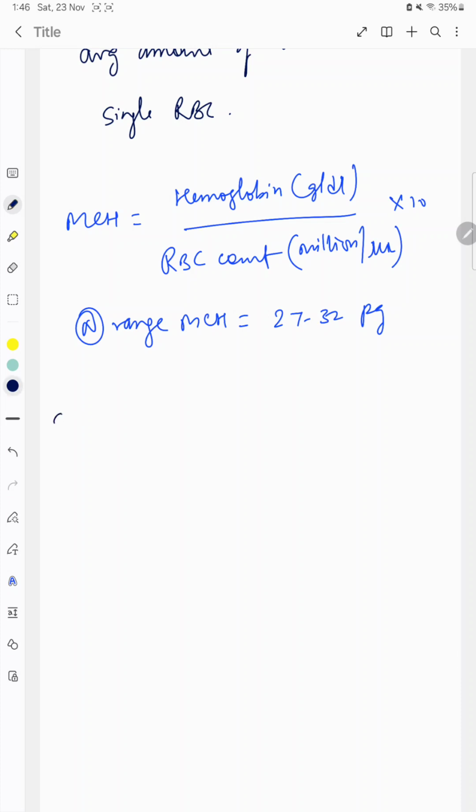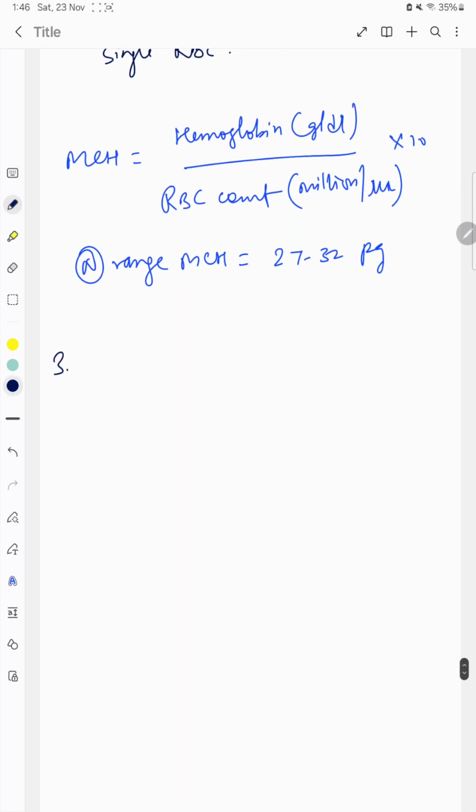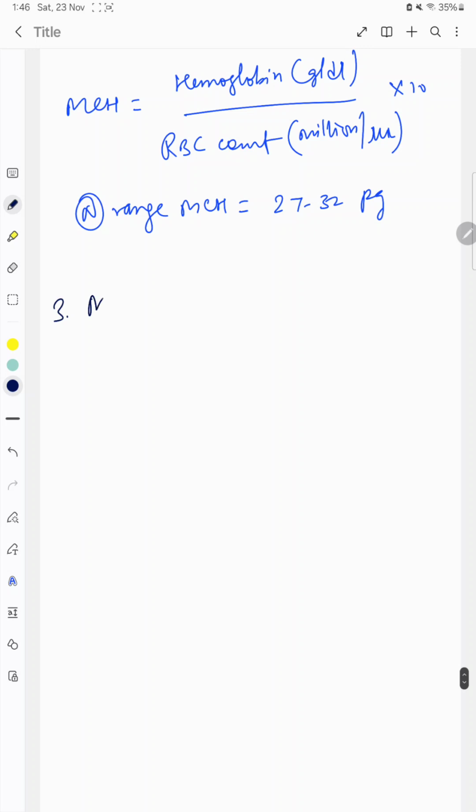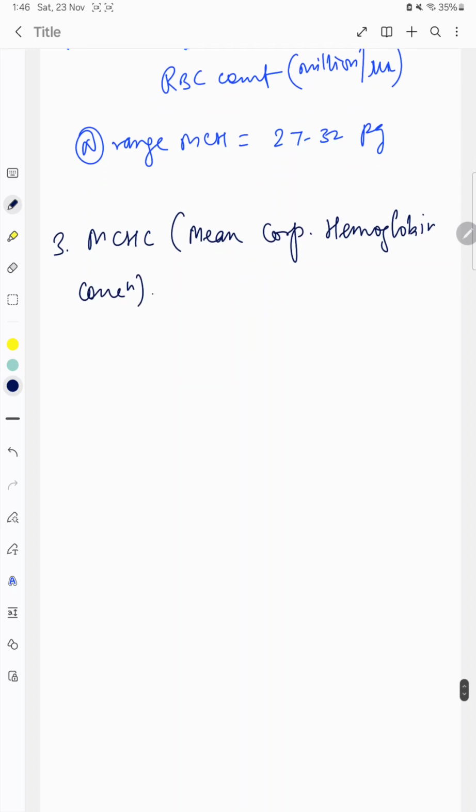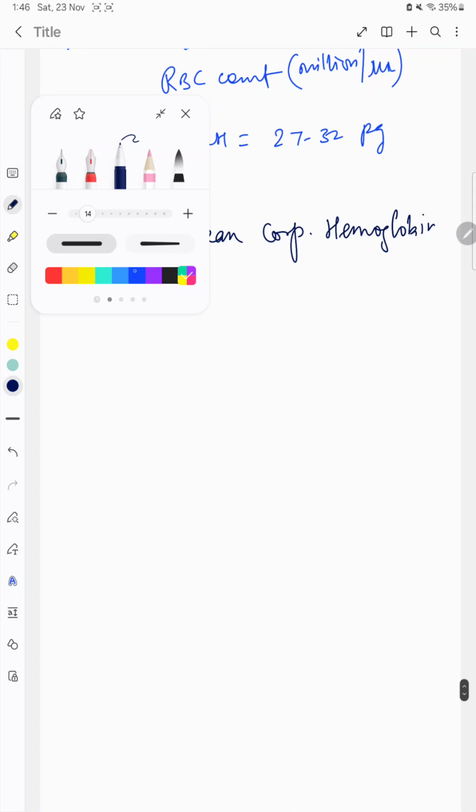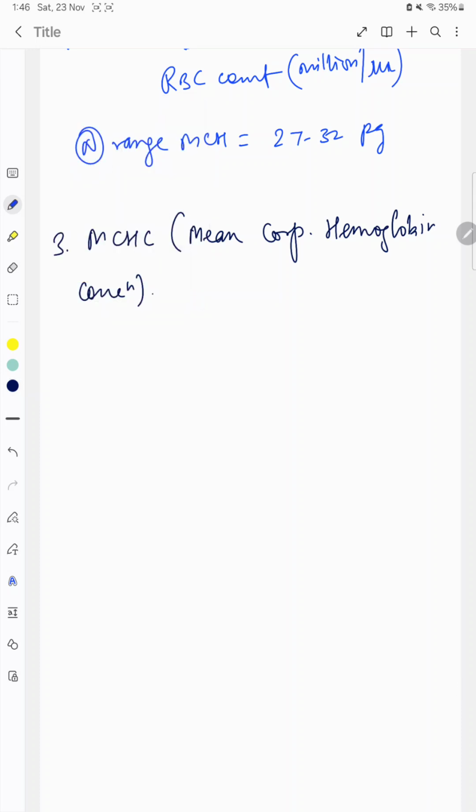The third RBC index or absolute value is MCHC, which stands for mean corpuscular hemoglobin concentration. It measures the concentration of hemoglobin in RBCs.